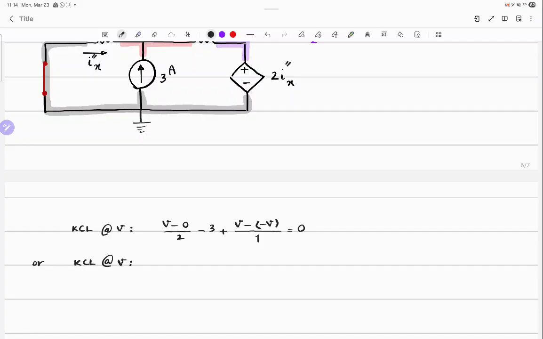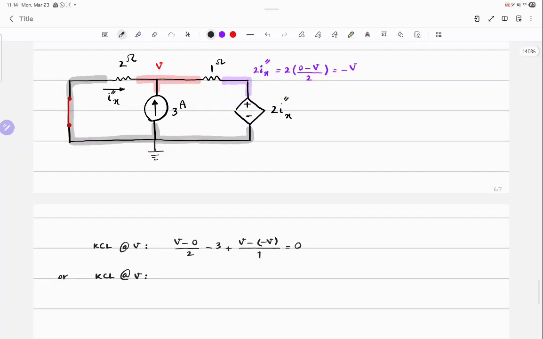now I'm going to repeat the KCL process. Can someone tell me the whole KCL equation not using V this time? Who can do that? Negative I double prime x minus 3 amps, plus what?